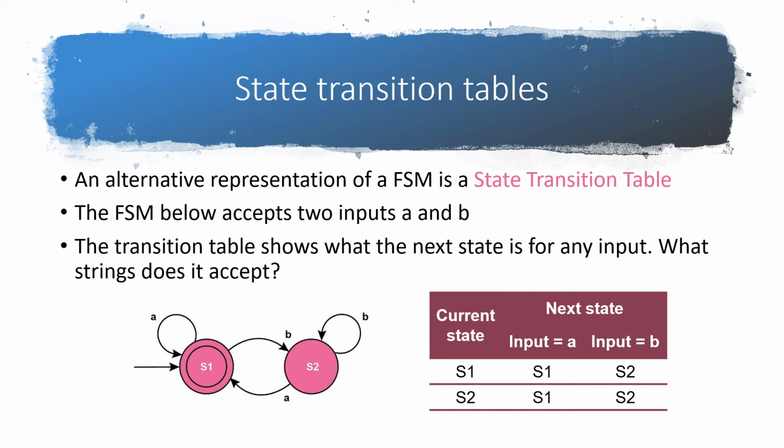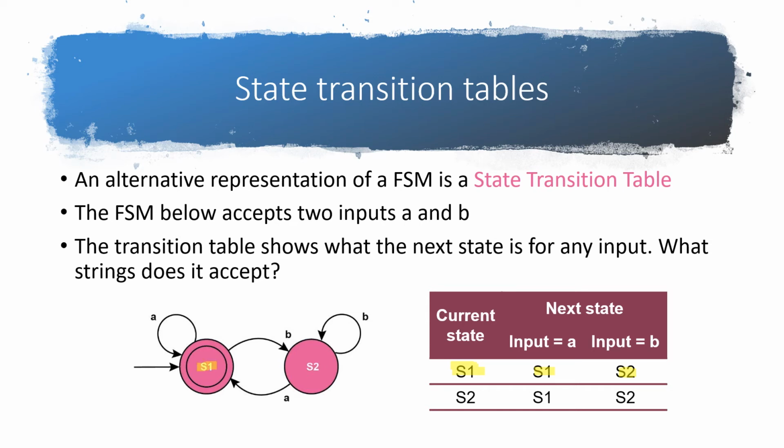As you can see from this little finite state machine below, it accepts inputs of A and B, and the table shows us how we can represent this in a tabular format. It has what the current state is. If the input is an A, it's going to stay on S1, and if the input is a B, it's going to move to S2.